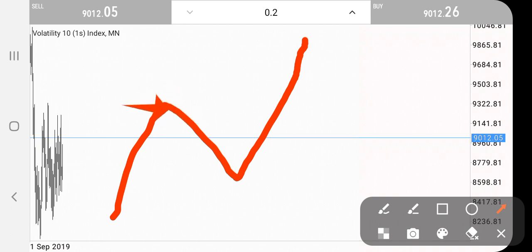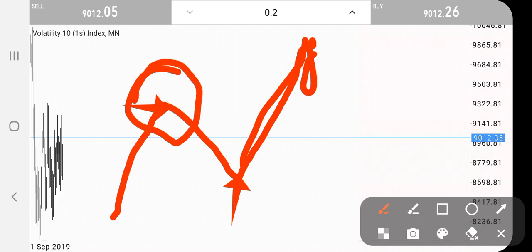From this area it moved to make this area, which is our higher high. Then here it has broken this area. So it will break those areas to make our uptrend.